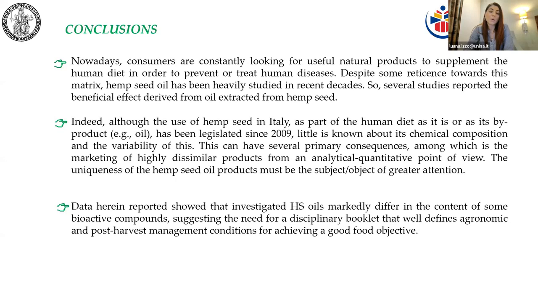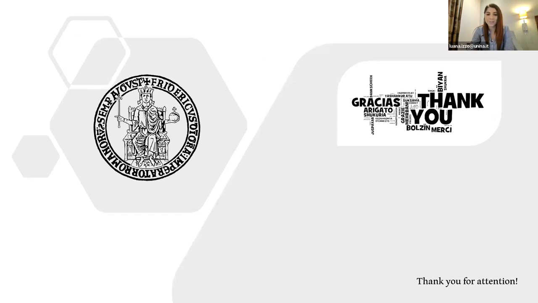Based on the results on polyphenols and all the properties, we can demonstrate that hemp seed oil could be proposed as an antioxidant ingredient, an antioxidant product useful to support human health. I have finished with the presentation.